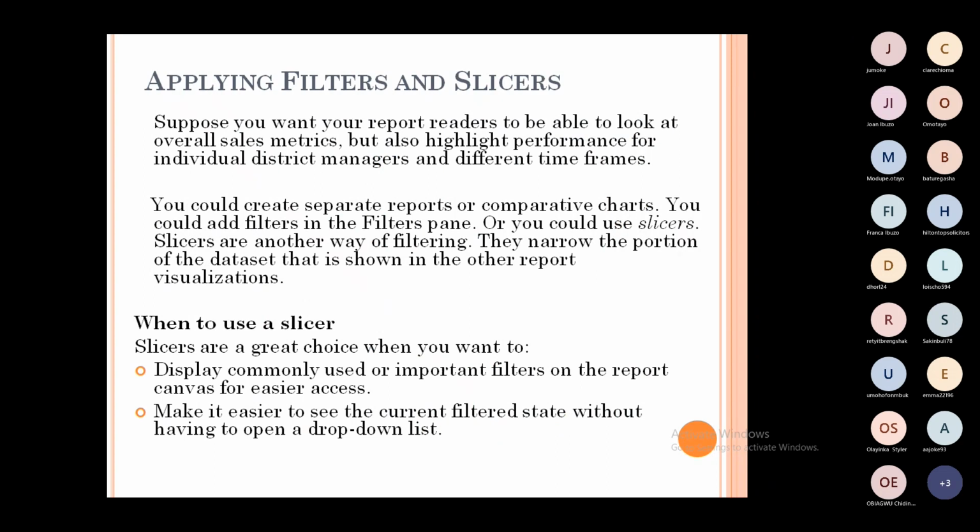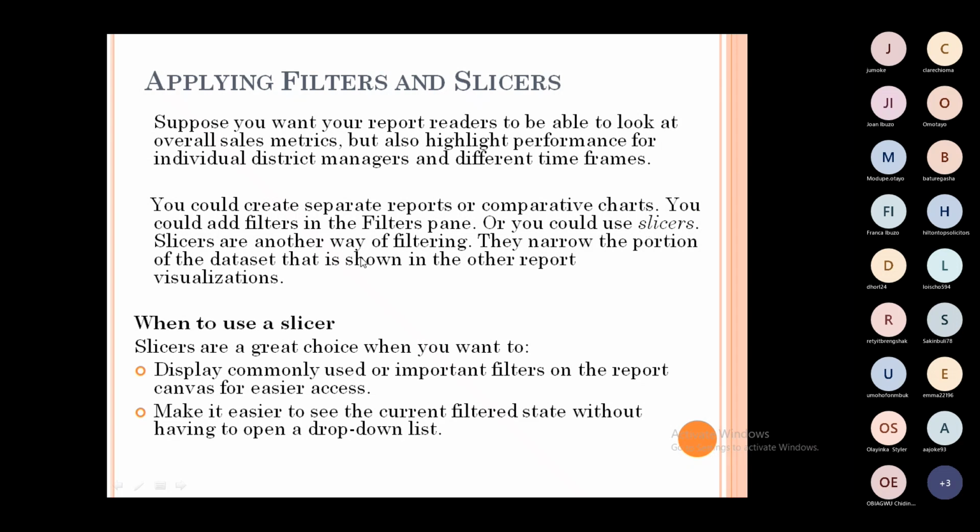So we're going to look at applying filters and slicers. Suppose you want your report readers to be able to look at overall sales metrics, but also highlight performance for individual district managers at different time frames. The filters and slicers are similar, but we'll look at the differences.